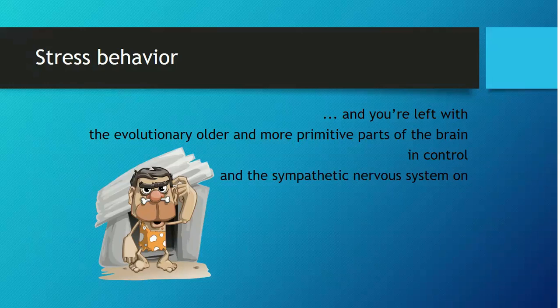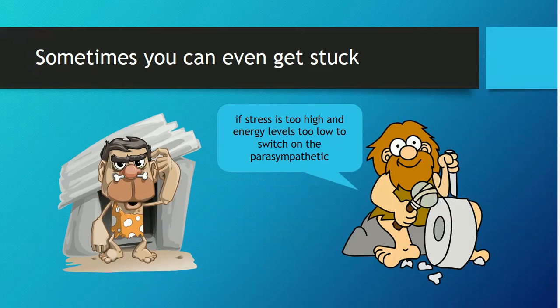So stress behavior is when you're left with the evolutionary older and more primitive parts of the brain in control, and the sympathetic nervous system is fully on. And sometimes you may even get stuck. If stress is too high and energy levels too low constantly, you may run out of the energy to switch on the parasympathetic system, which restores energy.